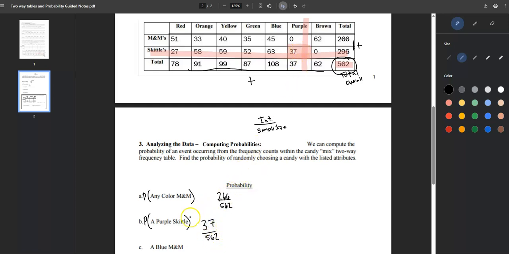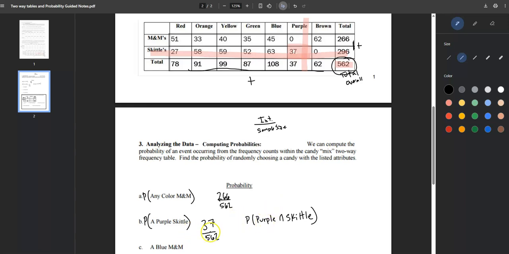So this would be purple and Skittle. Another way of putting that would be the probability of getting purple, union, and then Skittle. You might see it written like that, where it needs to be both.